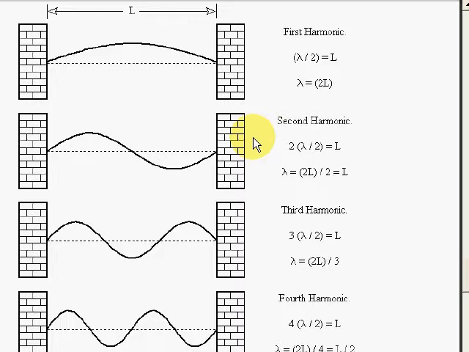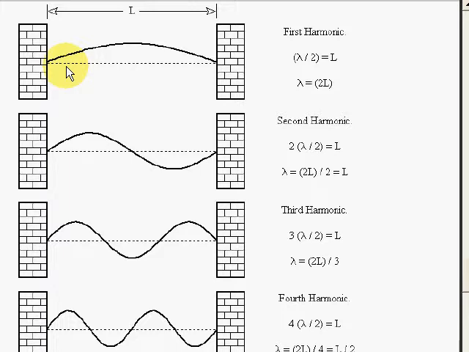Another way is going to be visual. And the third way is going to be a little tricky using mathematics. But remember, the three ways are equivalent. You really only need to know one way to get the answer. So let's find what the wavelengths are. For the first case, we'll use all three approaches.